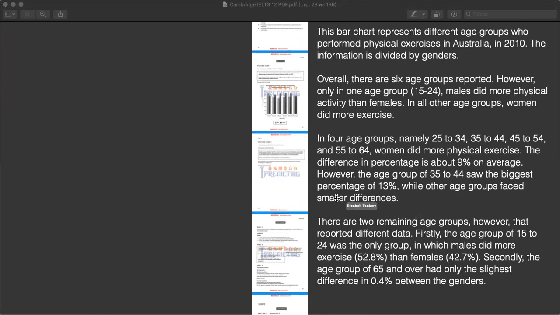Of course, there's no right answer here. Whatever you write is okay if you follow all the steps. You chose the information first, you thought about the percentage and the differences, and then you planned your report. So there's an introduction, an overview, and 2 body paragraphs. You divide the information as you wish. So this is all for writing task one. Do you have questions?